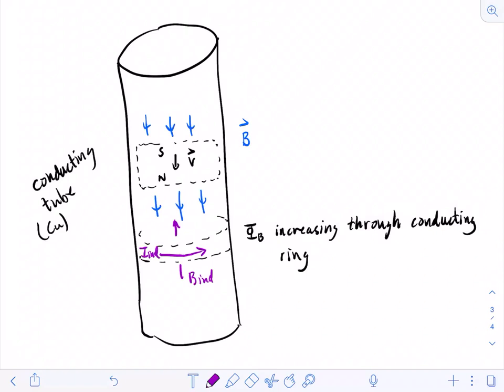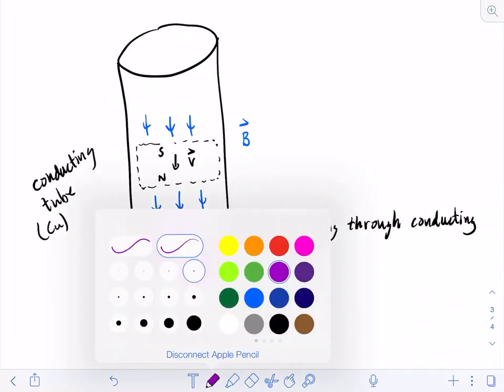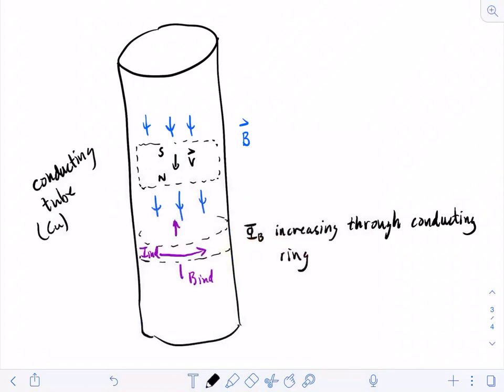And so now we have a current ring, but we know that a current ring acts like a little bar magnet. And so it's like we've got a north pole and a south pole of a little bar magnet as a result from our current ring.